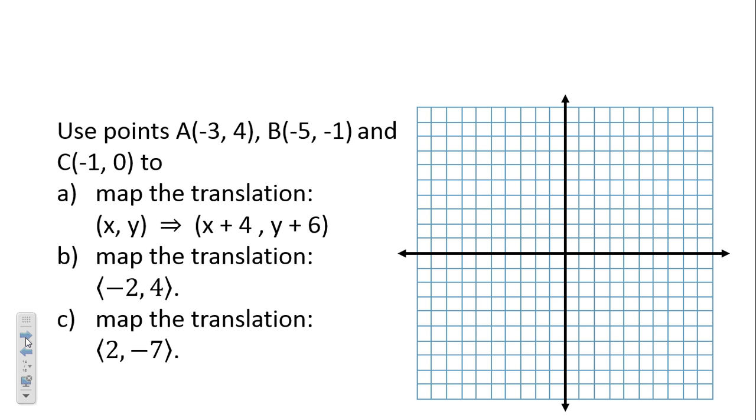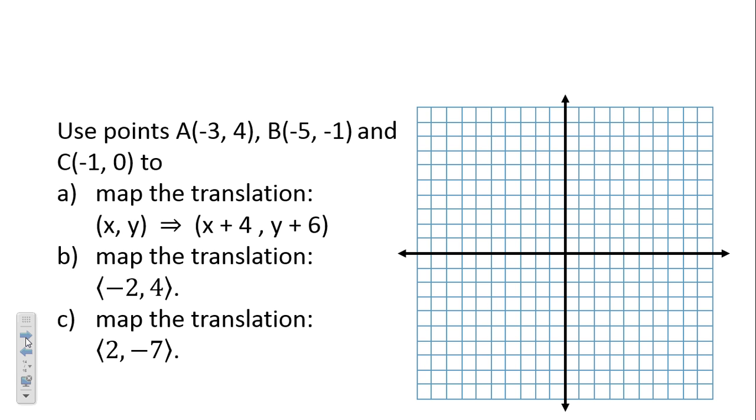Now we want to take that original 3 points, A, B, and C, and we're going to map those using the vector notation, the component notation of -2, 4. What does that mean? -2 means left 2. 4 means up 4.